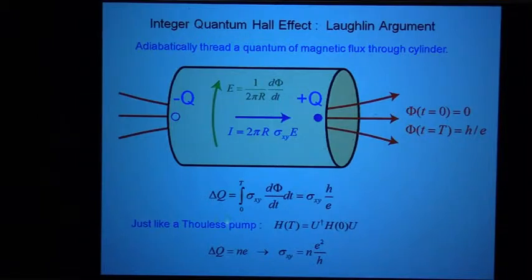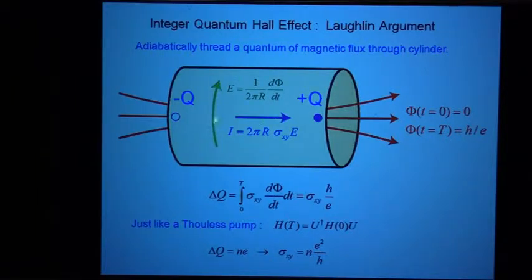Okay, so this is a way we can understand the Chern number characterizing the two-dimensional quantum Hall effect in terms of the Chern number characterizing this one-dimensional Thouless pump. Now, in order to make this more clearly related to the band structure of the two-dimensional insulator, what is useful to do is to consider this cylinder to be just one unit cell wide.